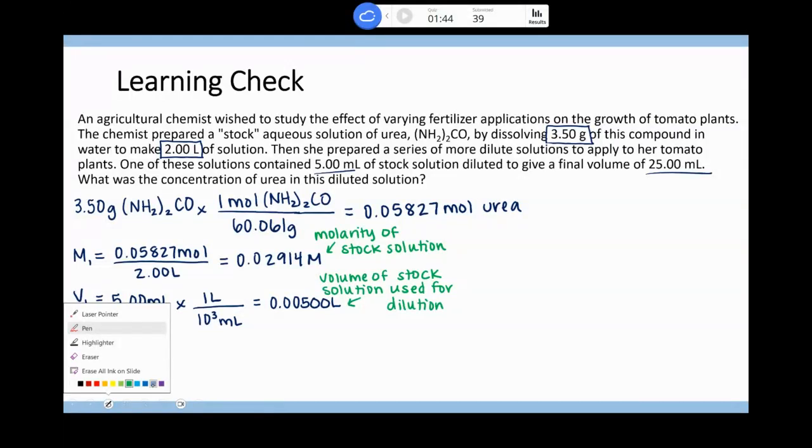We're looking for M2, the molarity of the diluted solution, which we will calculate using M1V1 equals M2V2. And V2 is that final volume, 25 milliliters, so we just need to convert that to liters.